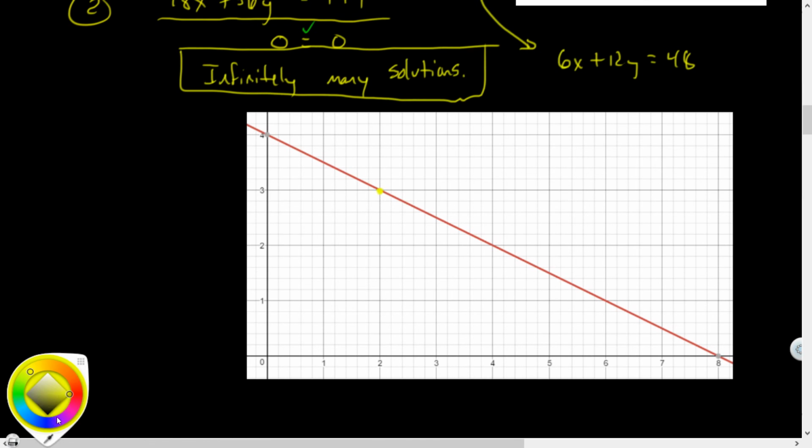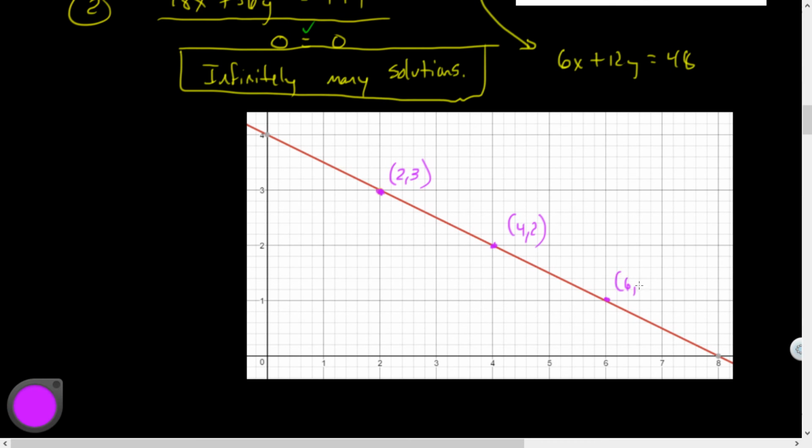Here, I'll use the classic purple. So this solution would be 2, 3. Here's another solution, 4, 2. Here's another solution, like 6, 1 would work.